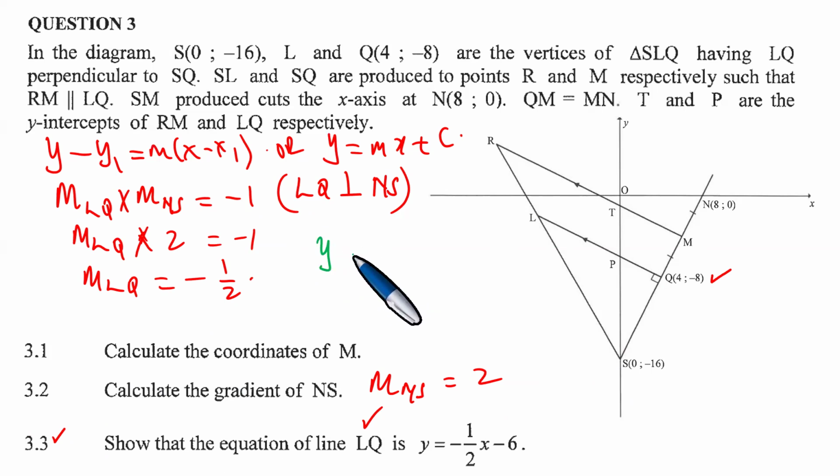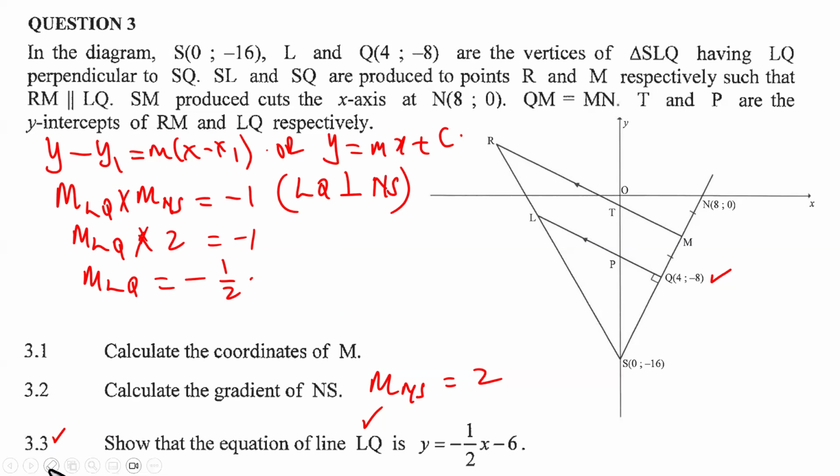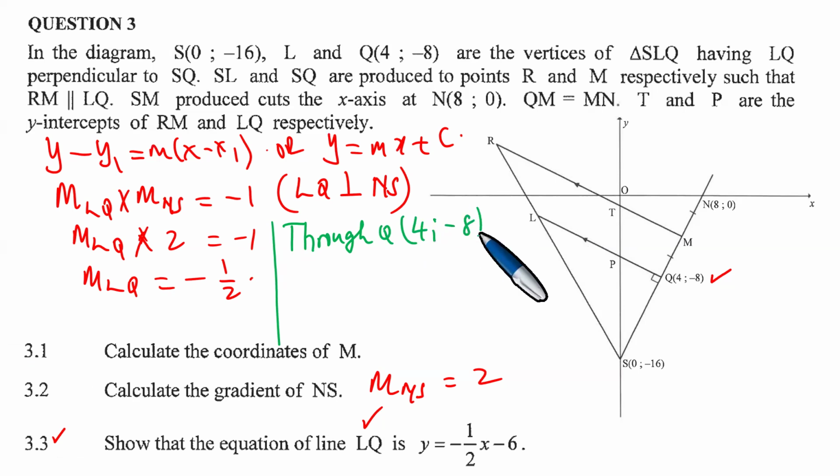So now you're able to say this equation can be obtained by using another fact. This line LQ passes through Q with coordinates 4 and -8, so that is x1, y1.